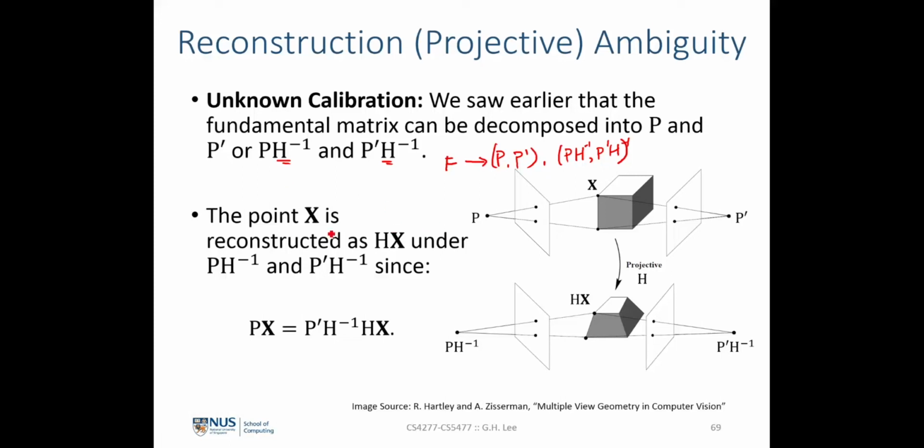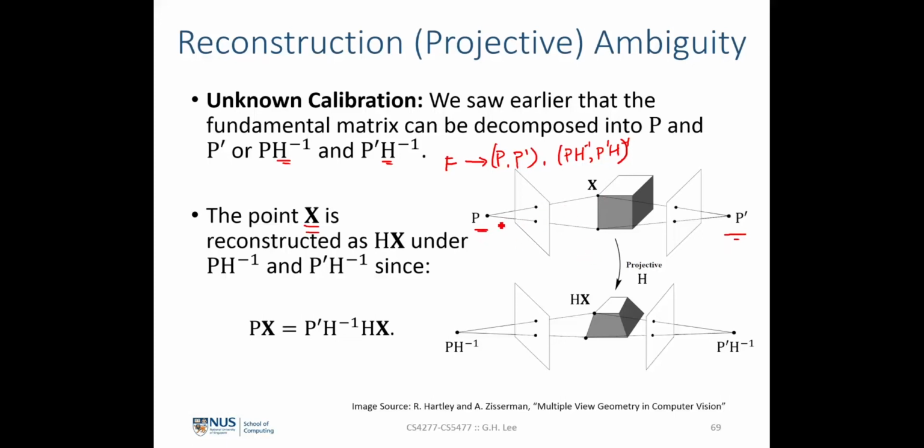So now we can see that the 3D point reconstructed as X from the linear triangulation algorithm using P and P prime is still a valid reconstruction.